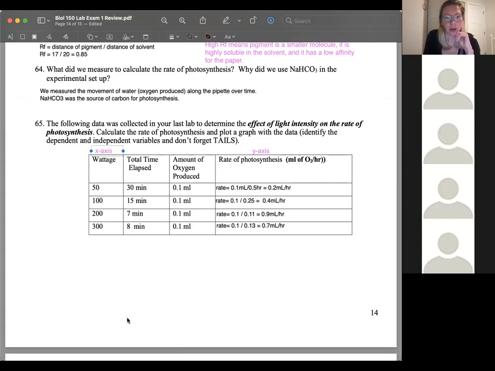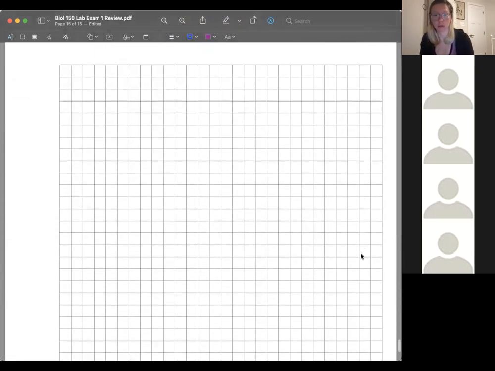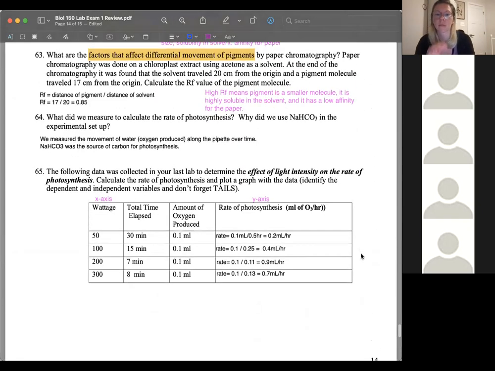So our graph would have wattage along the x-axis and the rate along the y-axis. Then we would be able to visualize exactly where this peak photosynthesis is happening. And would this also be a line graph? Yes, this would also be a line graph.